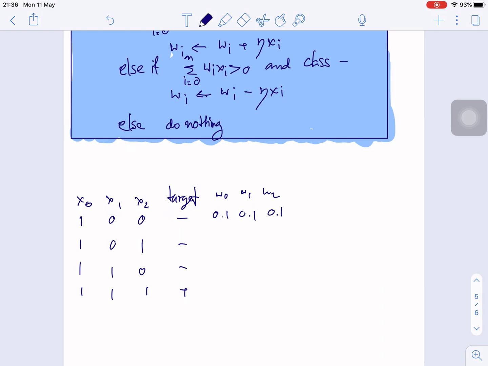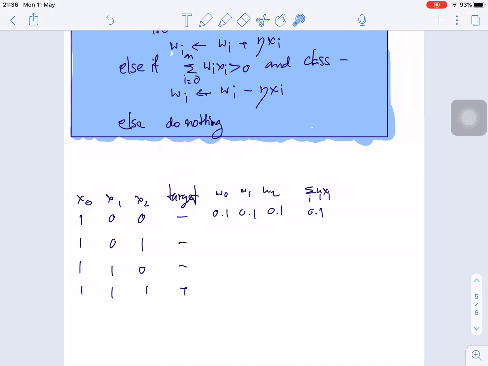If you sum all of them together, summation of wi xi for all i, it becomes 0.1, right? 1 times 0.1, and the others are 0, so w dot x, or summation of wixi, is 0.1. So the output will be 1 because it's greater than 0, right?